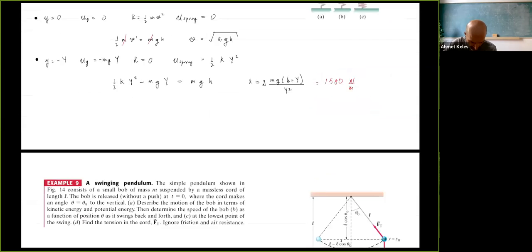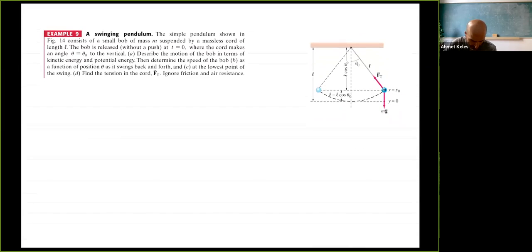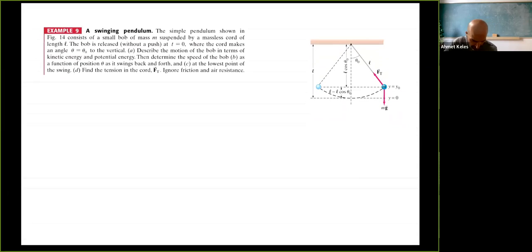Okay, let's solve one more problem. This is like a swinging pendulum. A simple pendulum shown in the figure consists of a small bob of mass m suspended by a massless cord of length L. The bob is released without a push at t equal to 0, where the cord makes an angle theta equal to theta naught to the vertical, this angle.